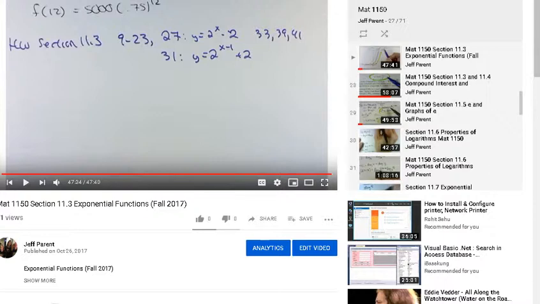Okay. So let me remind you of some of the things in the last example. Our principal was 10 grand. The time period over which we're going to invest this was 7 years. And our interest rate was 11.5%, which of course we're going to write as a decimal.